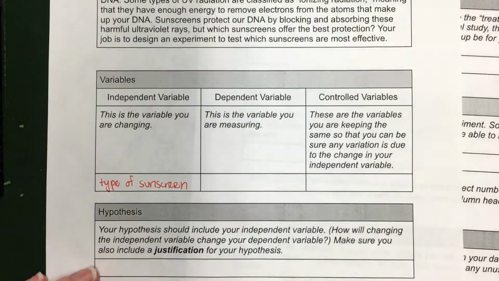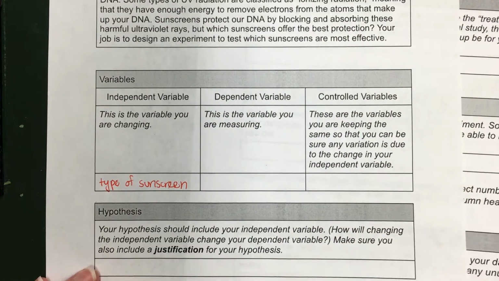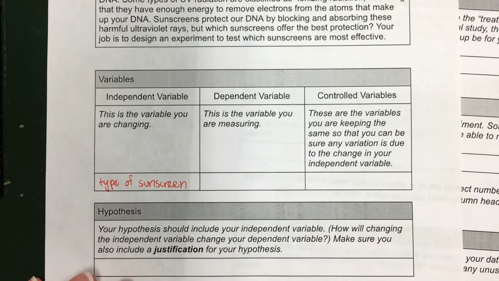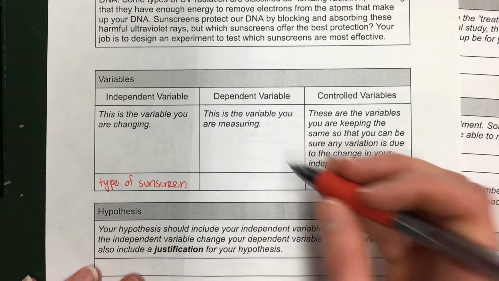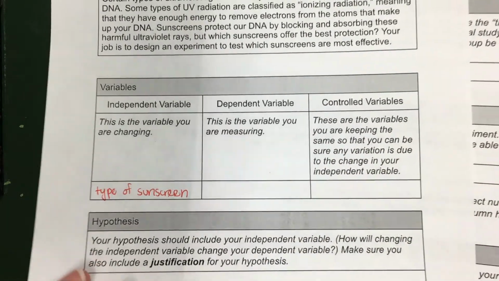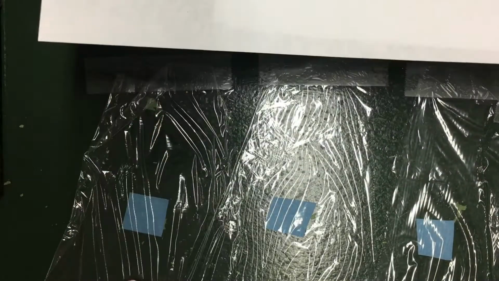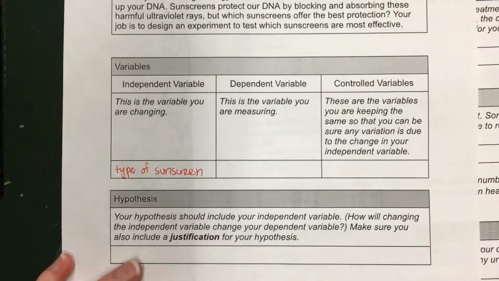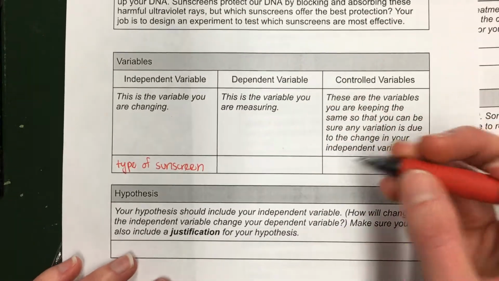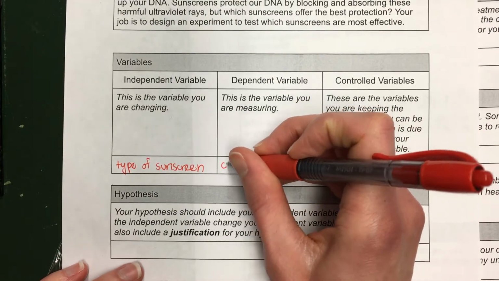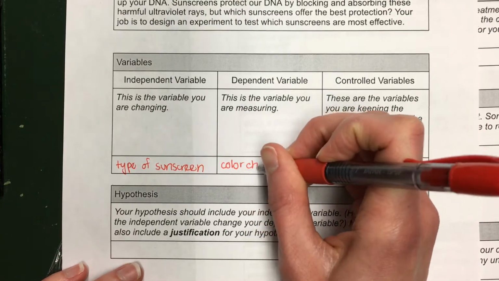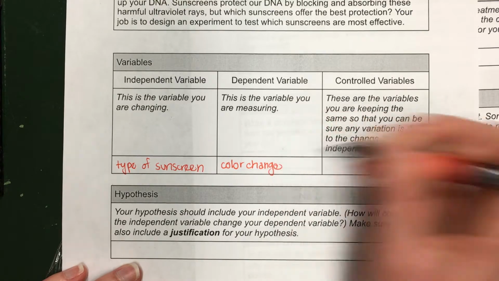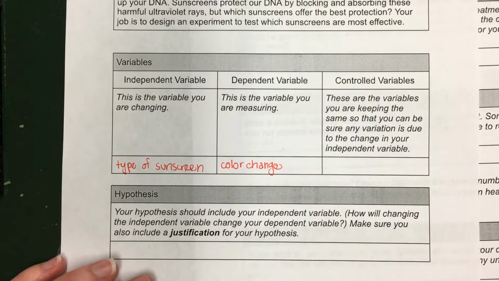So we're going to use that paper to test which of these sunscreens work the best. So the dependent variable, we're going to be measuring basically how much these little pieces of paper change color. So we'll just say color change, and that would be caused by UV light.